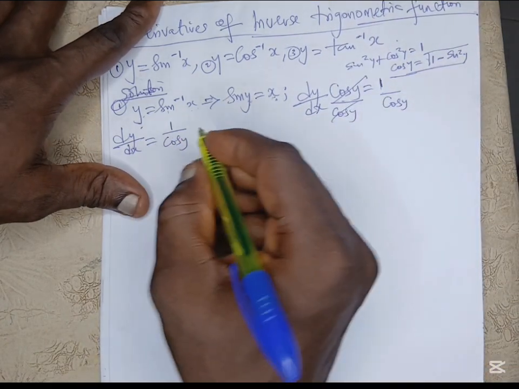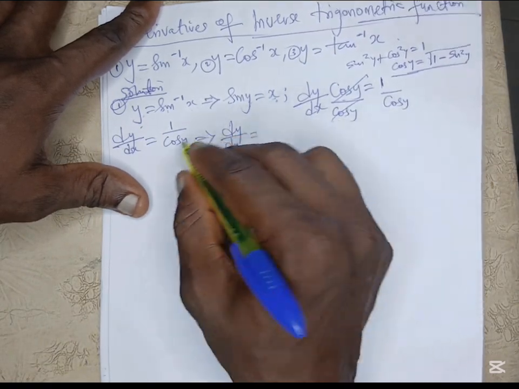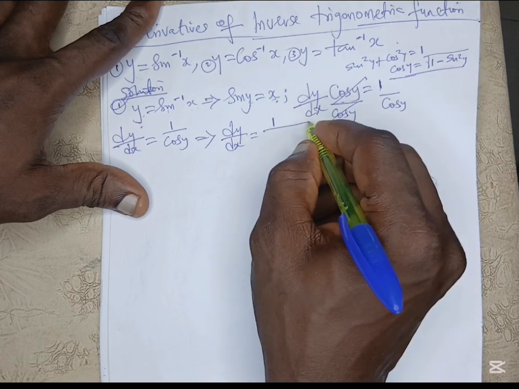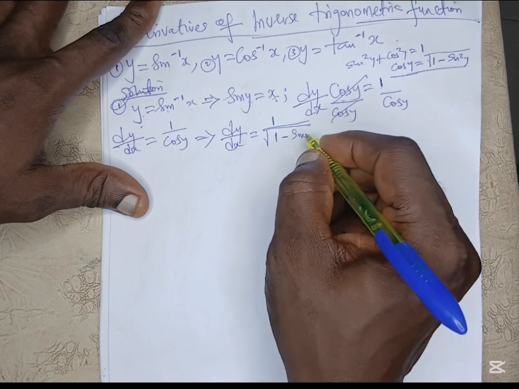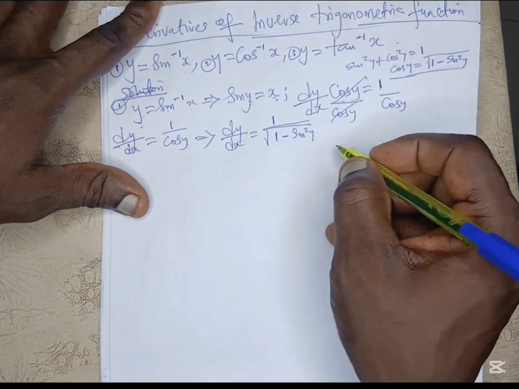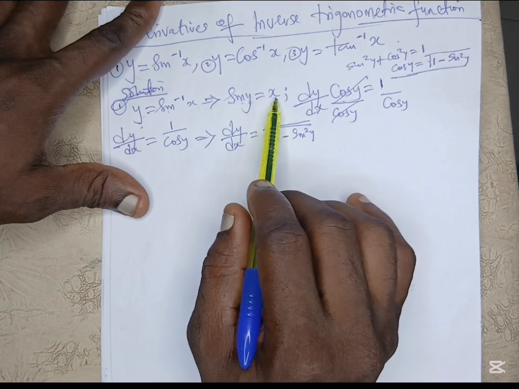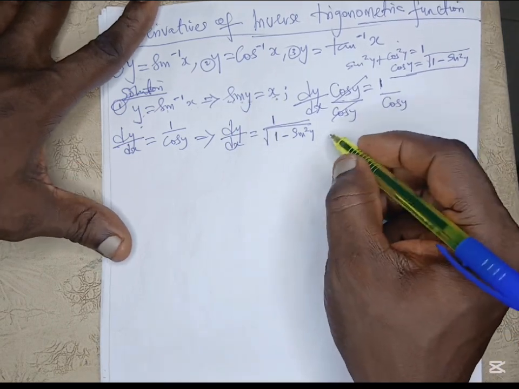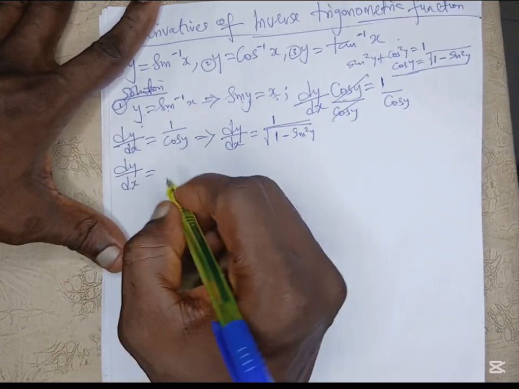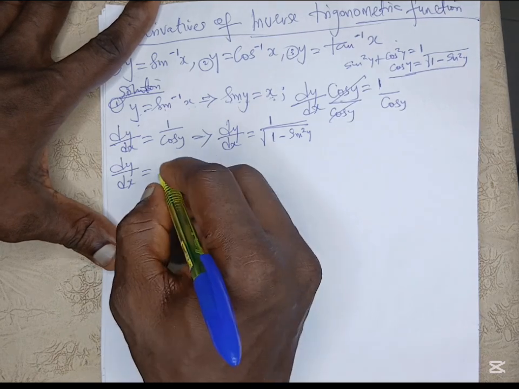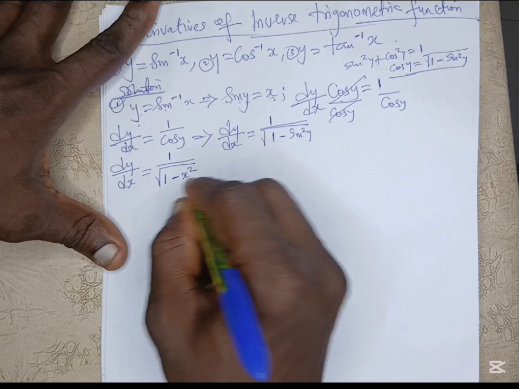We substitute it, and we have that dy/dx is equal to 1 over the square root of 1 minus sine squared y. As sine y is x, we have therefore that dy/dx is equal to 1 over the square root of 1 minus x squared.